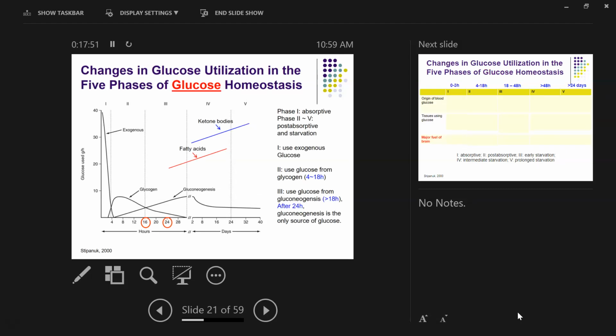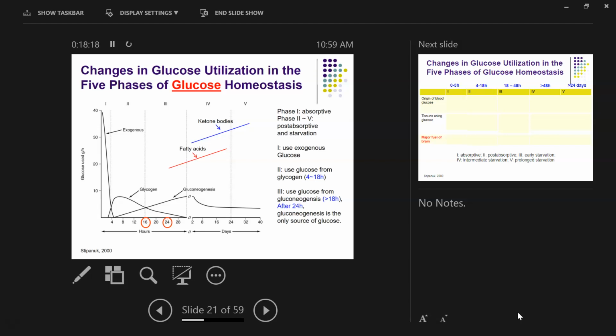Okay, so this is something that we wanted to learn: changes in glucose utilization during the absorptive and post-absorptive phases together. So we divided these two phases into more detailed, like 5 different stages.